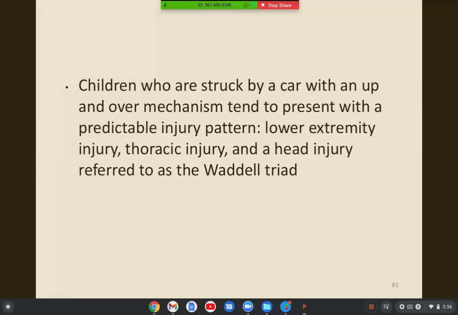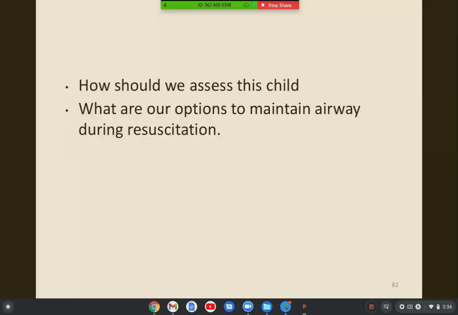Unlike adults, when a child is struck by a car, they turn towards the oncoming vehicle. An adult tries to turn away from the oncoming vehicle. Thus, these types of mechanism lead to distinct injury patterns in children, which lead to certain suggestive injuries and complicated outcomes.